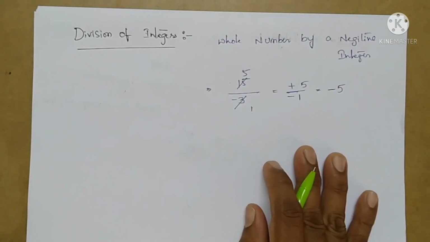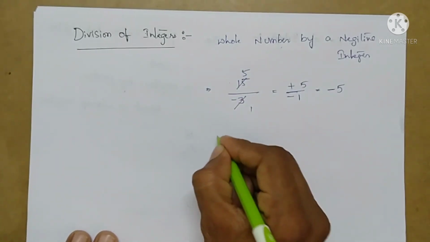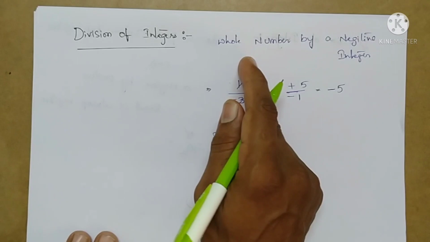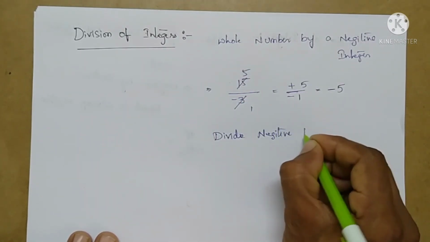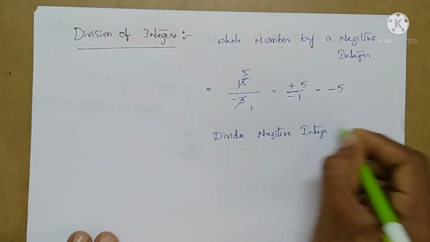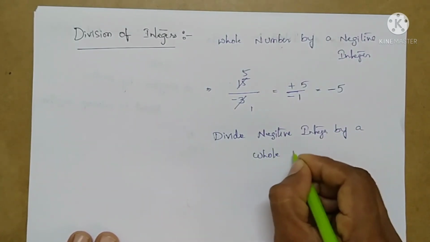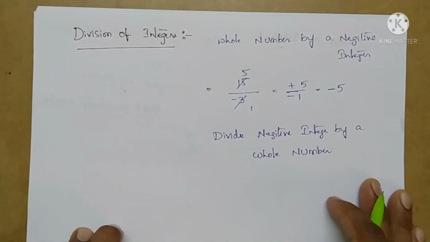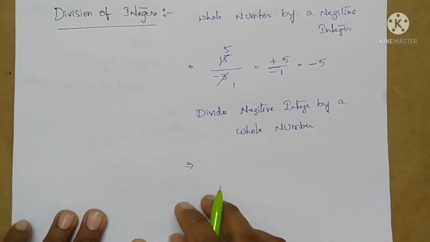Negative sign. Next case, divide a negative integer by a whole number. In this case also, the result is always a negative integer.